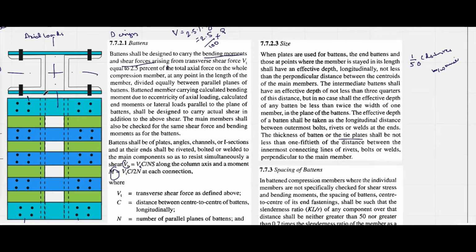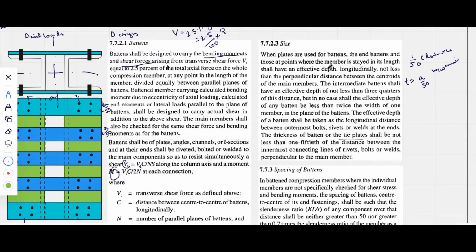If we mark this distance as A, which is the distance between innermost connecting lines of rivets, bolts or welds perpendicular to the main member, the minimum thickness should be A by 50. Whether it is an end batten or an intermediate batten, in both cases the thickness should be greater than A by 50.